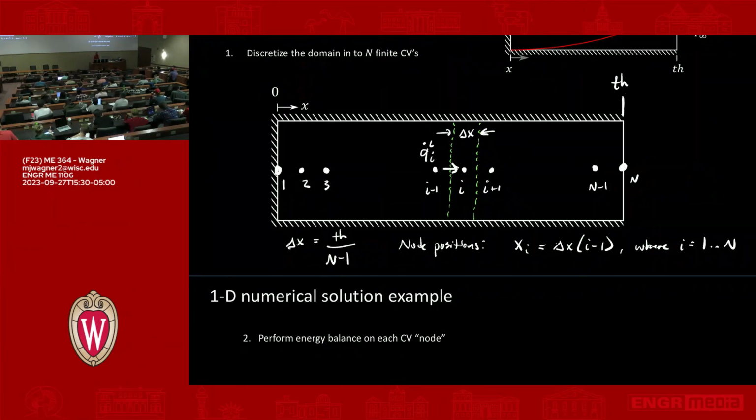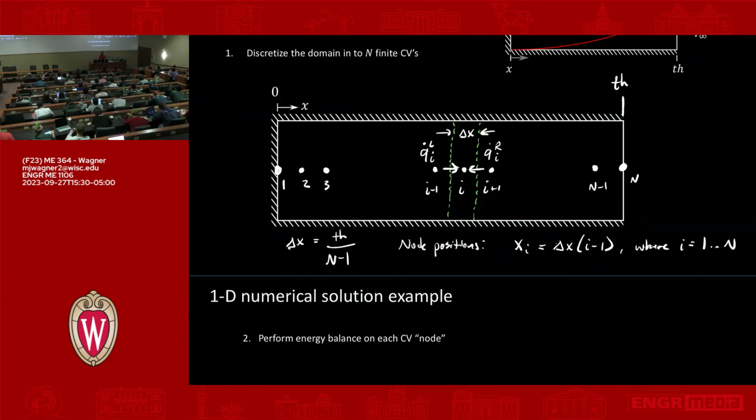From the right-hand side, I guess we could draw going out, but it's actually easier to keep track of everything if you just draw everything going in. Right? So we're going to draw everything going in like this. We'll say Q dot R for node I. And the reason why it's easier is because when you do the energy balance for node I, you just say Q dot L plus Q dot R plus whatever, and you add it all up.